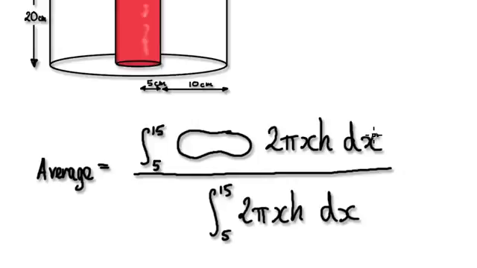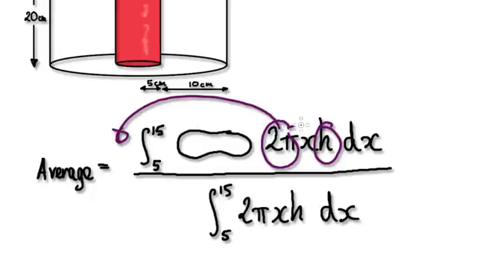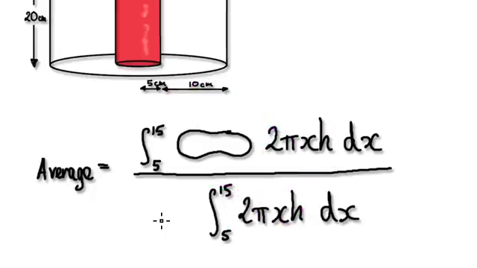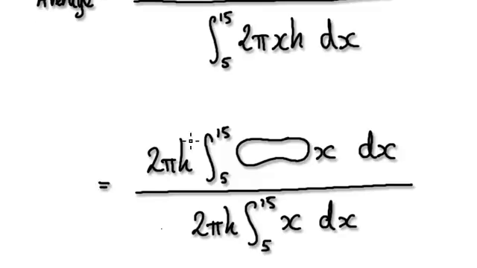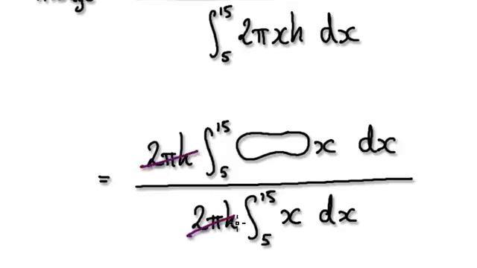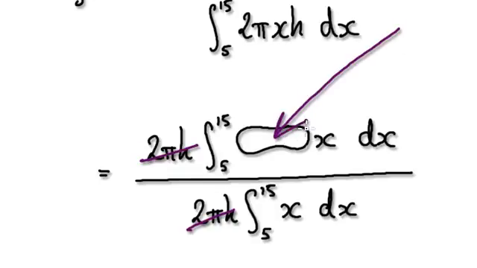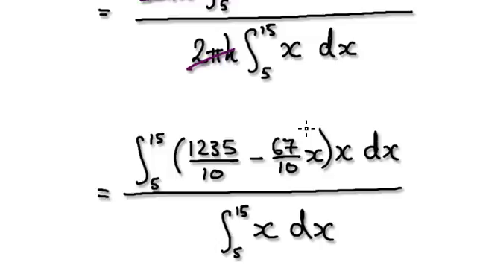Remember, we're integrating with respect to x, so this here is a constant, and this here is a constant. Take them out. Same with down here, and then that will take you to here, and then this will cancel out. Then don't forget we're putting that temperature into here now. So that will give us this.